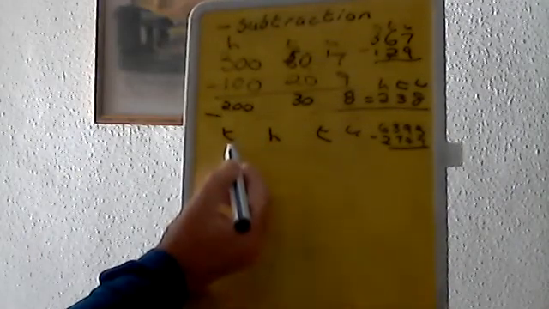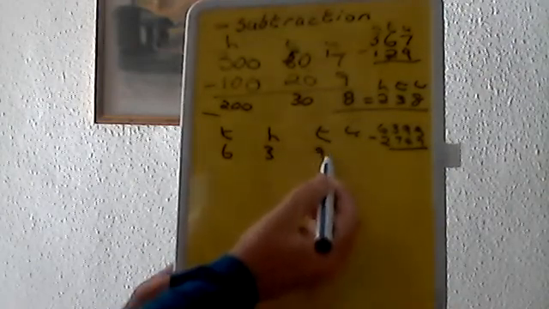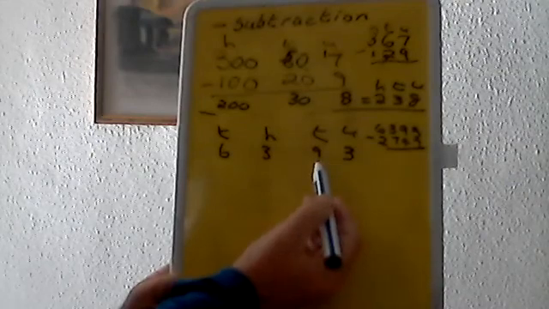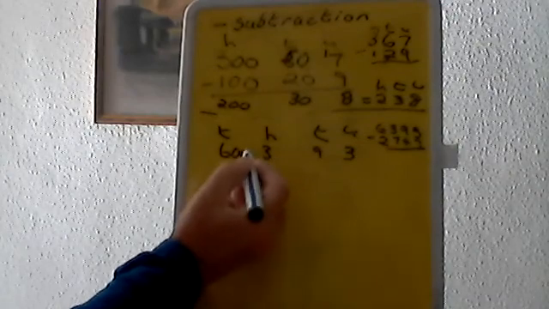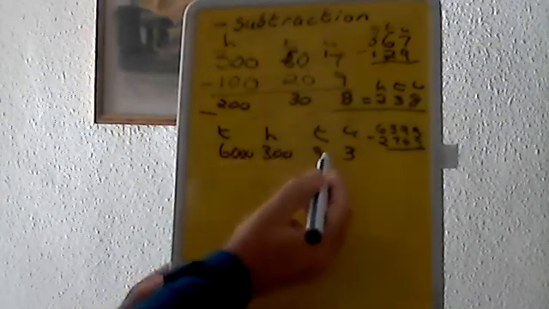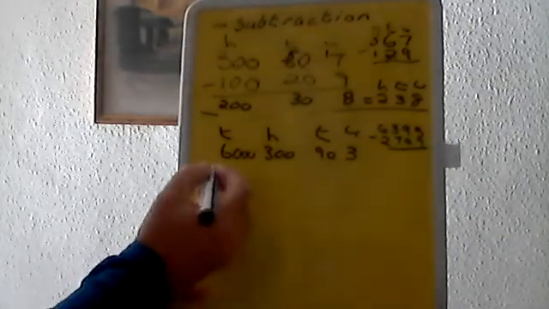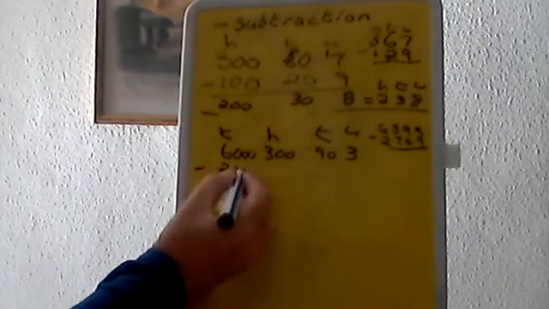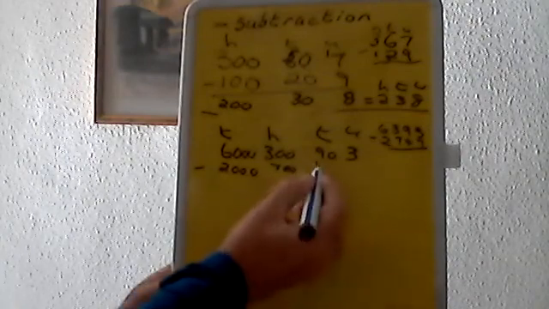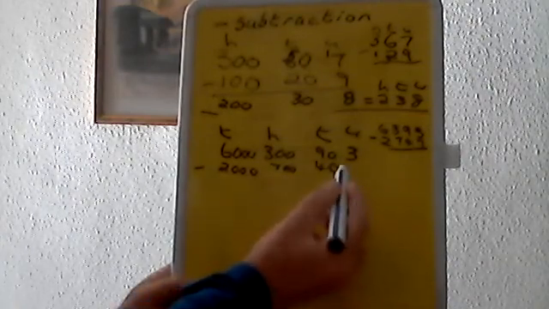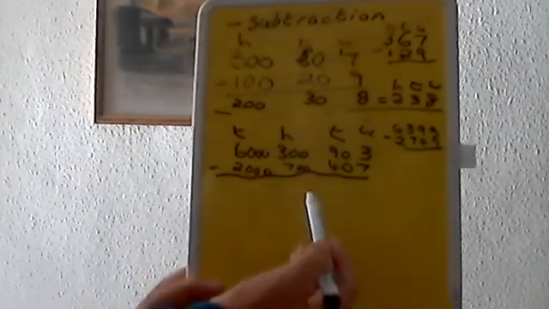The first number is 6,393. I've got to put in 6,000, 300, 9 tens, 3 units. Bit more work on this one. Minus 2,747. That's quite a lot.